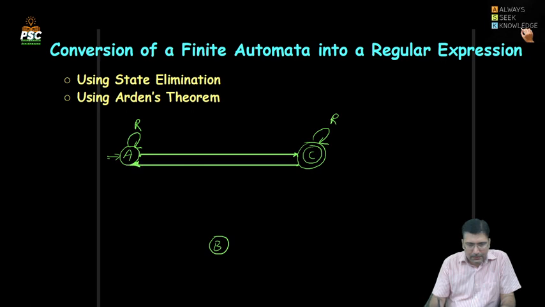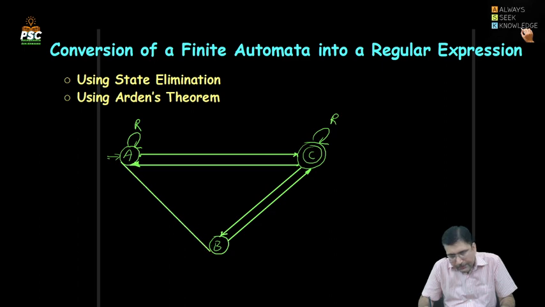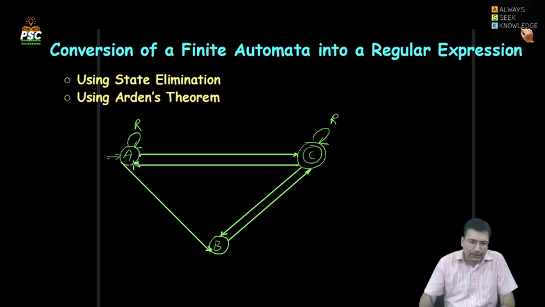Right, now we are having a path from C to B and B to C. Same thing, we are having a path from A to B and then B to A. Okay, so let's say we are having this path, and then we are having another path from B to A, so that is the path.